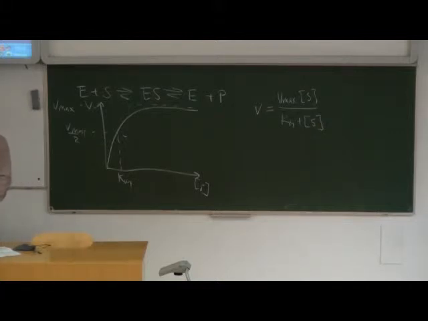So this was a very quick review of enzyme kinetics. We're now going to be using it to describe the different types of inhibitors. I think the different types of inhibition were already mentioned in the enzymes lecture. Can anybody remember what they are? Very good.